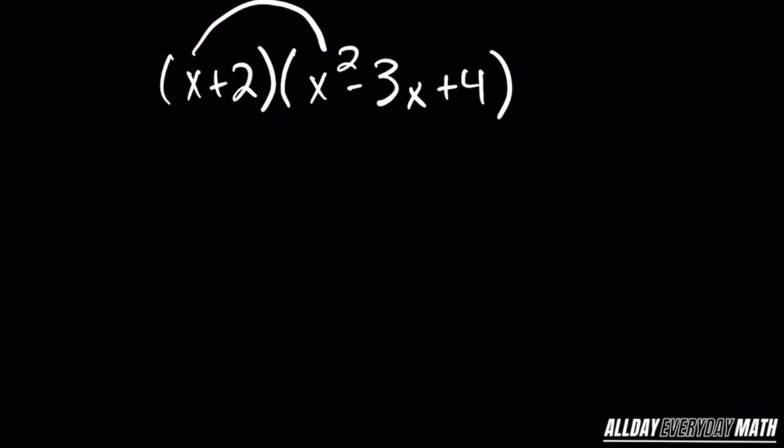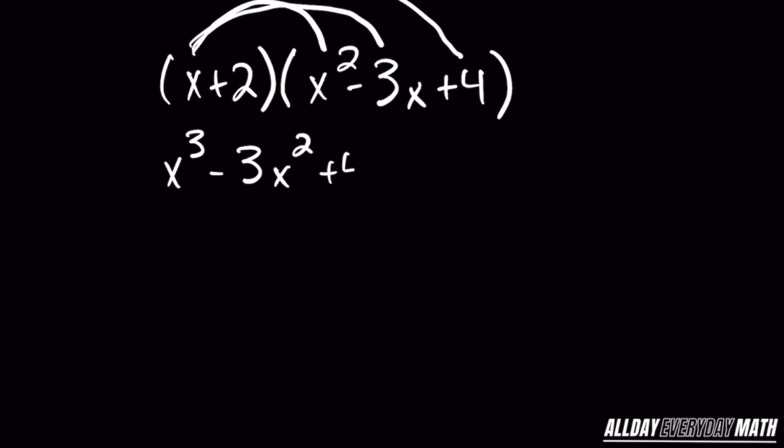All right, so first of all, x times x squared is x to the third, x cubed. All right, x times negative 3x is minus, or negative, 3x squared. And then x times positive 4 is just plus 4x.